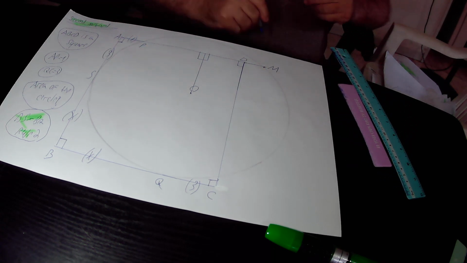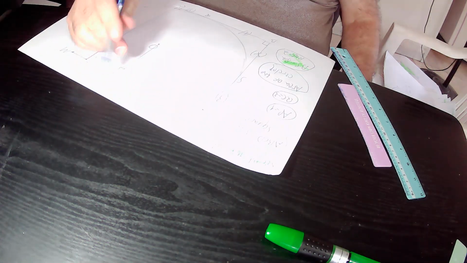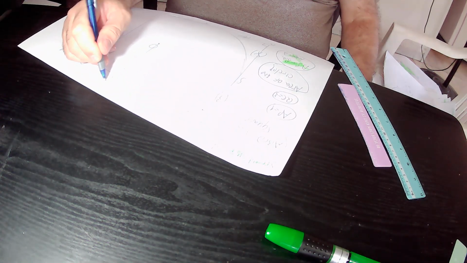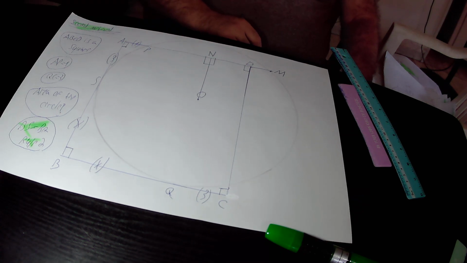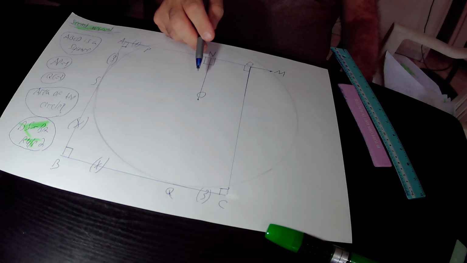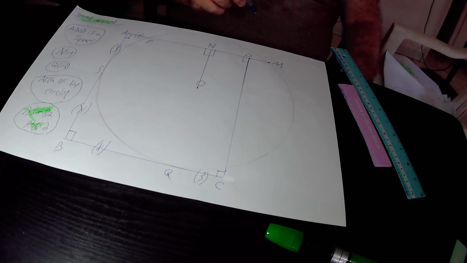We define the touching point of the perpendicular from point O and this chord PM as point N. So actually, we drew perpendicular ON from the center of the circle, from point O, on chord PM.